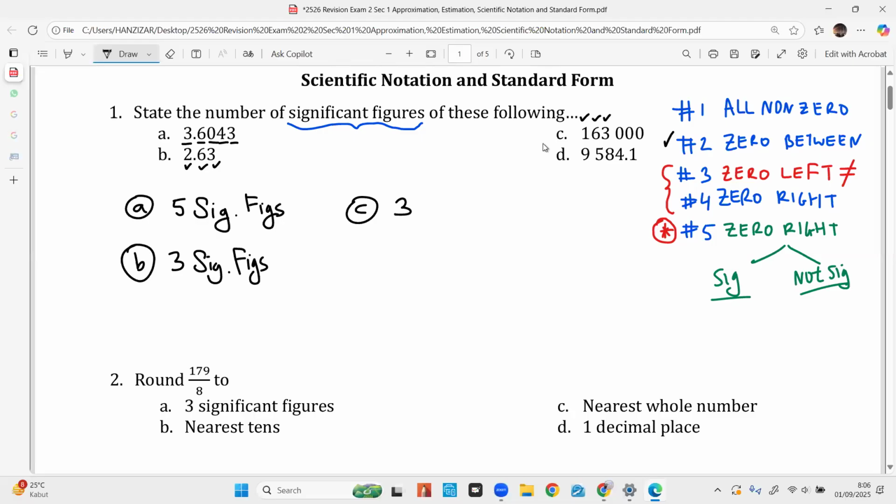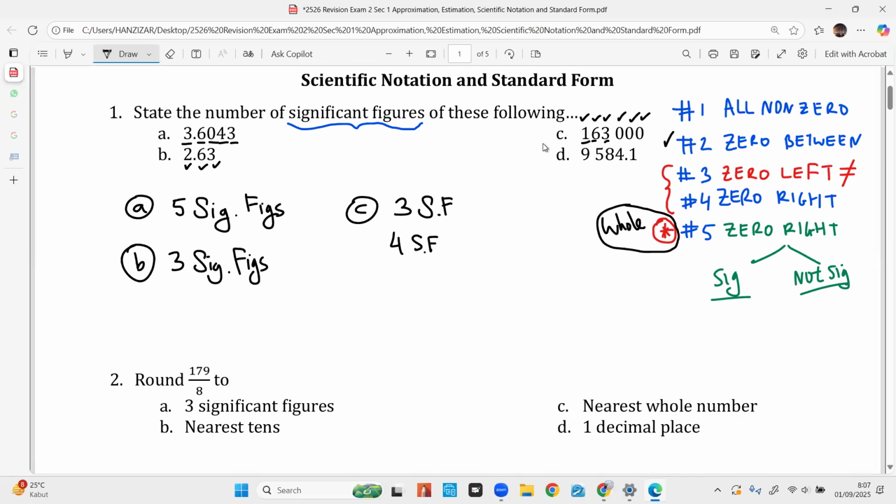3 SF, I write 3 SF. But it might be 0 on the right side on the whole number. Okay, in a whole number, 0 on the right side might be significant. But what is certain, the thing that is fixed, is 3 significant figures. It might be 4 significant figures. It might be 5 and 6 significant figures.